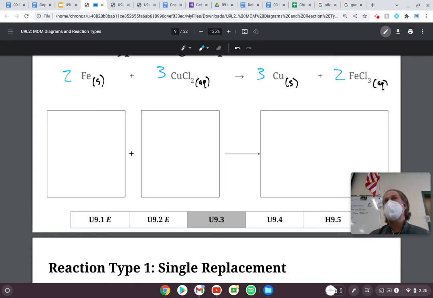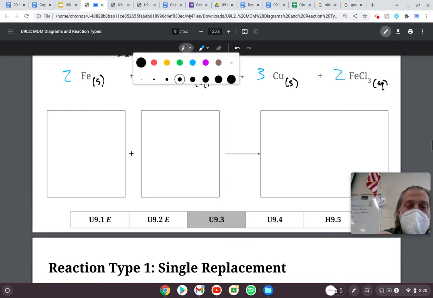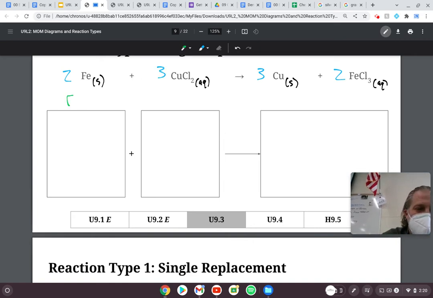And that coefficient of 2 tells me that I have to represent Fe twice. So what I'm going to do is draw Fe, and here's my key. It's going to be a box times 2. So that would look something like this. Box, box. Solids are drawn usually at the bottom of our drawing area.